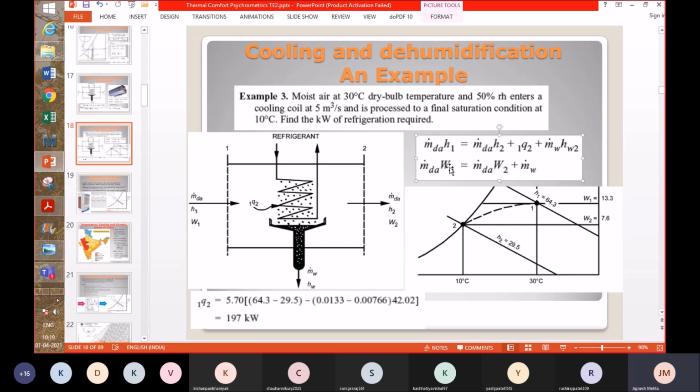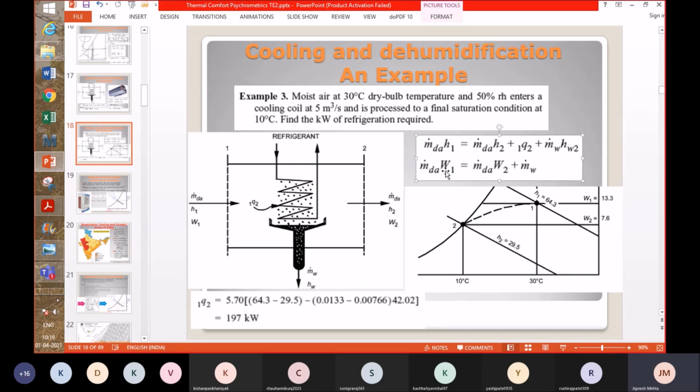So let's say you want to get the water balance, or the moisture balance. You need to get W1, the humidity ratio when it enters the system, and you need to get W2. Okay, so let's try and get those things.